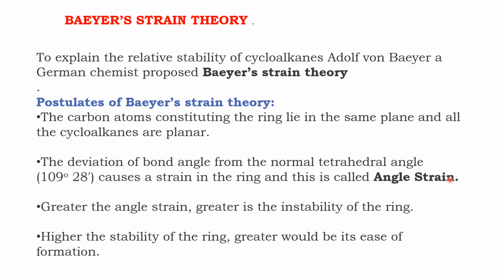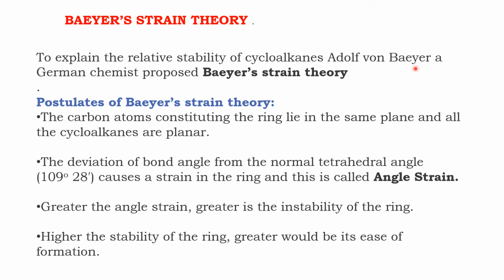To explain the stability of cycloalkanes, Adolf von Baeyer proposed a theory, and it is called Baeyer strain theory. He proposed certain postulates to explain why cycloalkanes are stable even though the bond angle is not 109 degree 28 minutes.